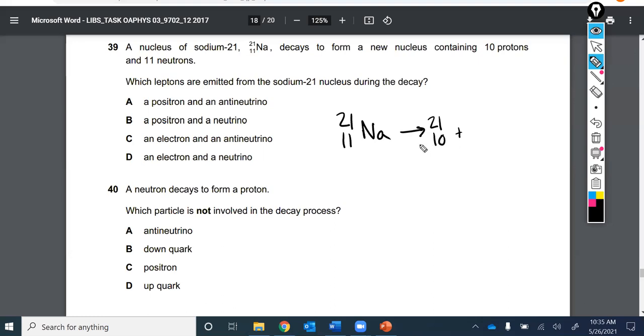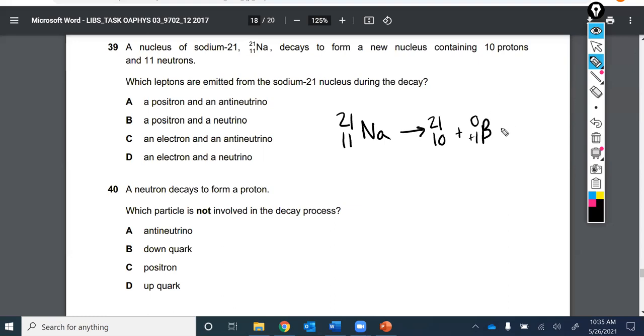The other way to think about it mathematically is, here's 11, 10 plus positive 1. What's a thing that has no nucleons and a charge of positive 1? You might think a proton, but it's a nucleon, and it would change this number. So what's actually happening is the positive charge is due to the positron. This is beta plus decay, positron emission.